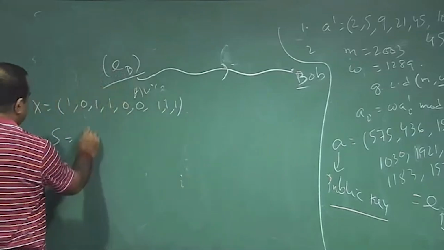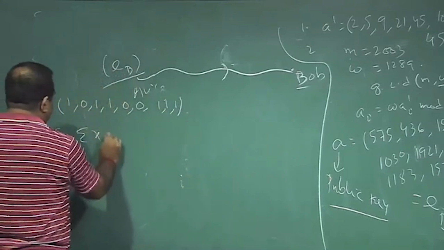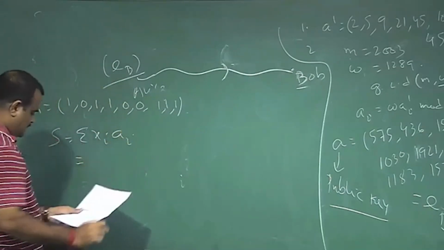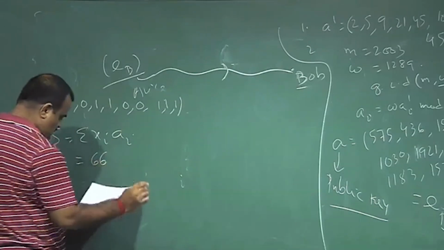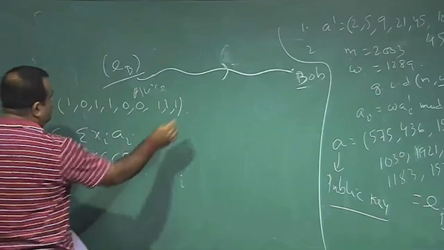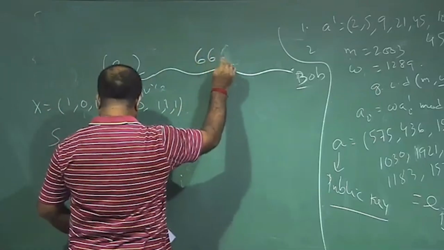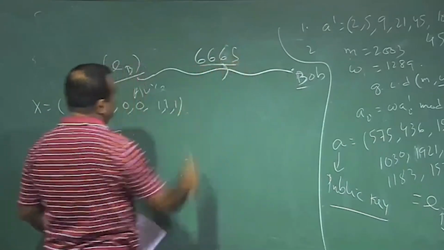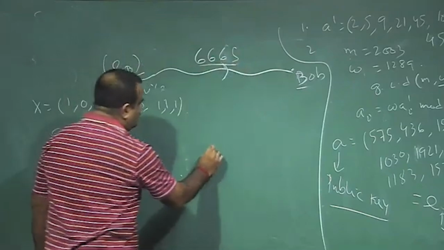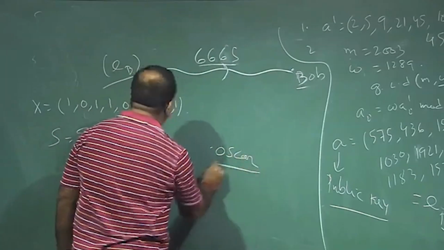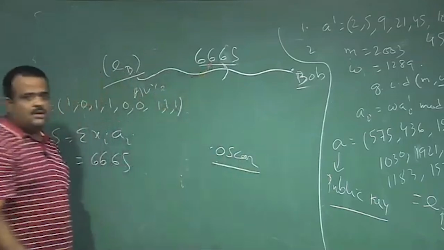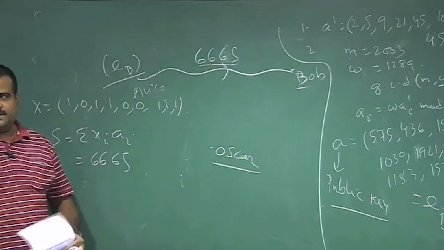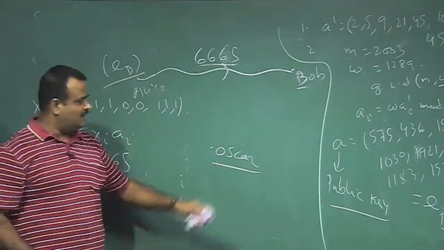So Alice will compute the summation of x_i a_i, and this is basically 6665. Now this is the ciphertext Alice is sending to Bob. And now Oscar knows this sum, which is not super increasing. So for Oscar it is a hard problem, because the subset sum problem is hard in general.